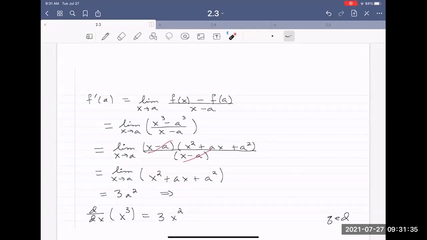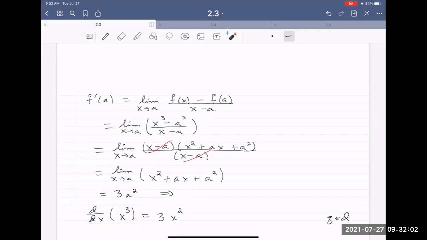Now, so I've actually shown that f prime at a is 3a squared. But then in this notation, I said, well, if the derivative is equal to 3a squared for every a, then for x's, it's also equal to 3x squared.